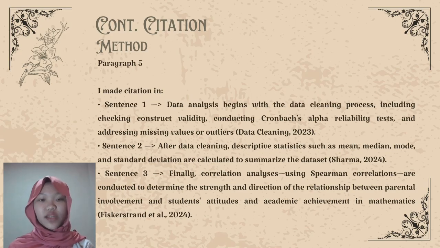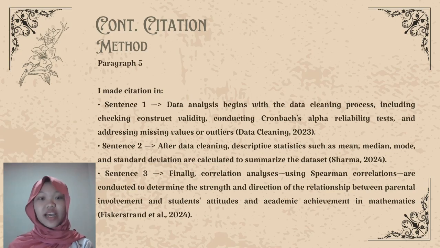In sentence 1, that contains, data analysis begins with the data cleaning process, including checking construct validity, conducting Cronbach's alpha reliability test, and addressing missing values or outliers. I made a citation from data cleaning in the year 2023.